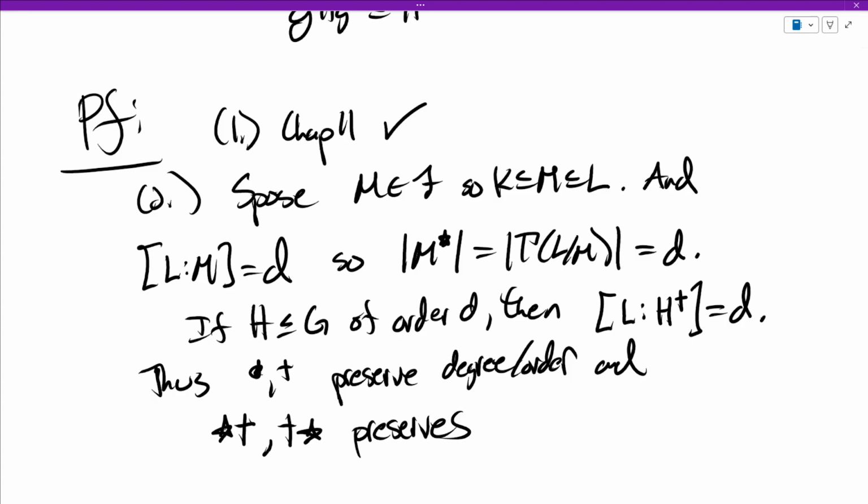If I do star first, I must have gone from an intermediate extension, so extensions to subgroups, subgroups back to extensions. So it makes sense to say that it preserves degree. And then the other one goes from subgroups to extensions, and then extensions back to subgroups. So this one makes sense to say it preserves order. And let's say respectively to indicate.